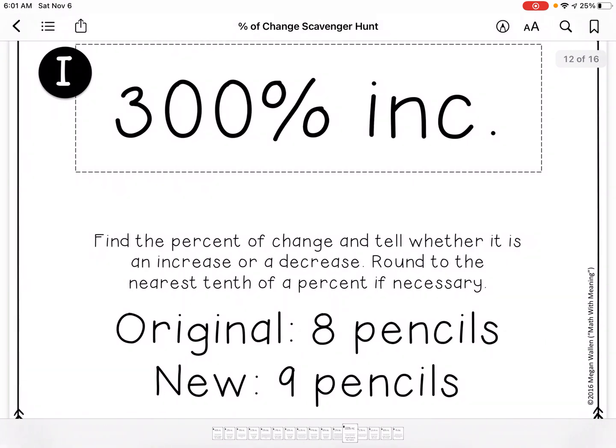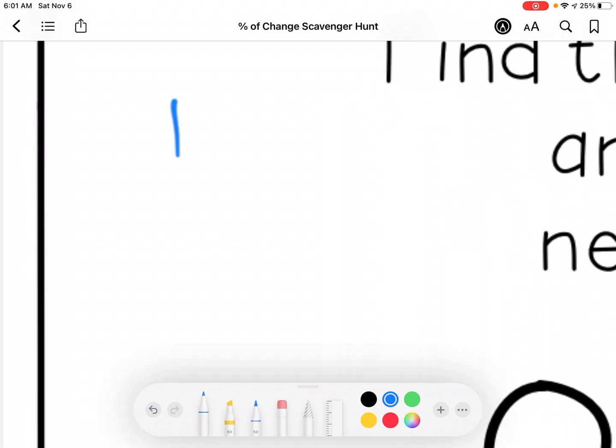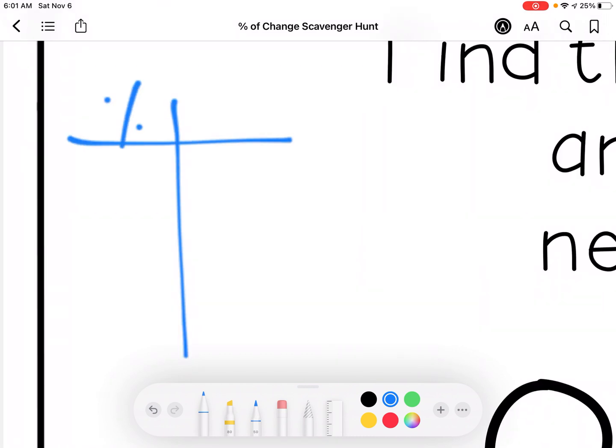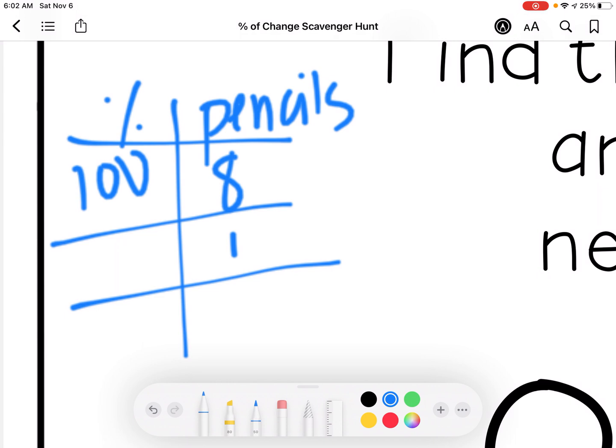Okay, they're going from 8 pencils to 9 pencils. So I have 100%. I know I have 8 pencils. I'm going from 1, and then I'm increasing it by 1.